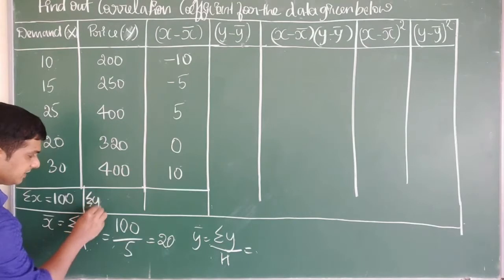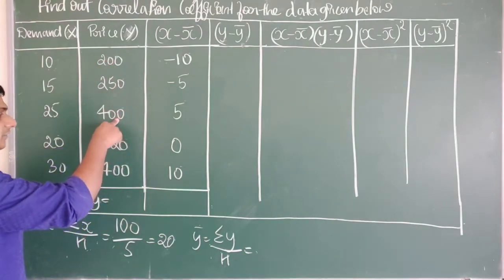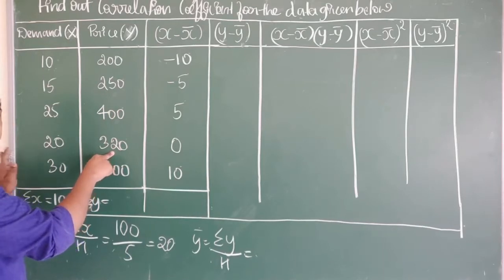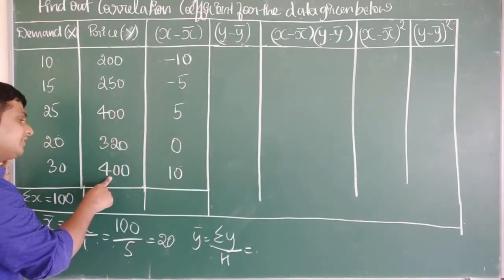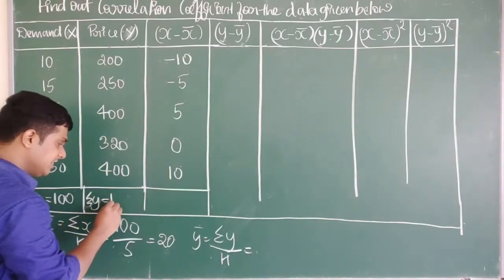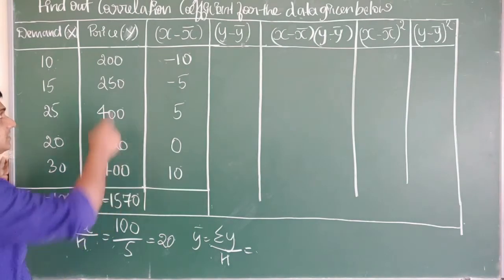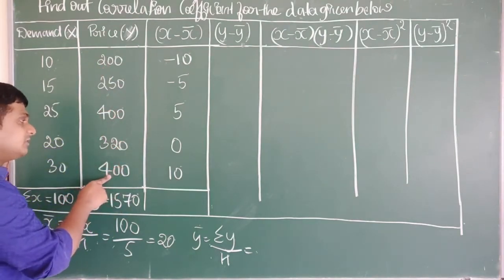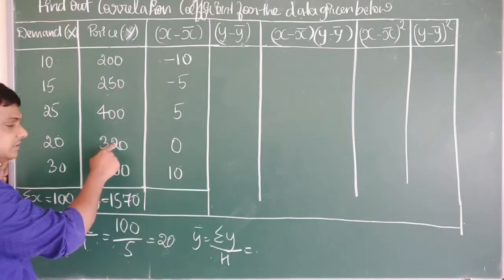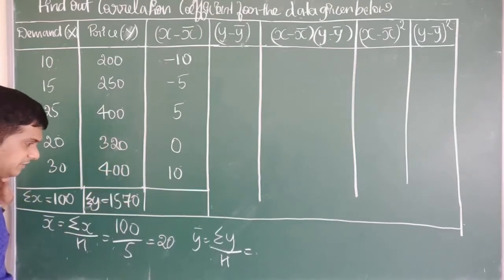So sigma y is equal to 200 plus 250 is 450, 450 plus 400 is 850, 850 plus 320 is 1170, 1170 plus 400 is 1570. So this is our sigma y value.